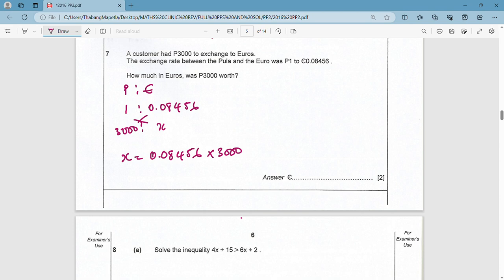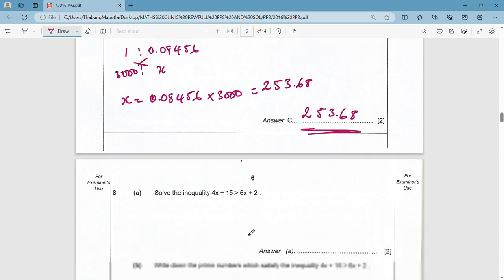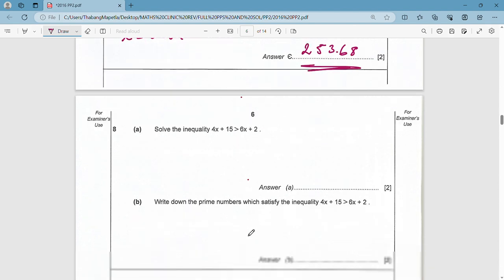That is going to be 253.68 euros. So that will be it, fellas. Done. Yeah, so just the ratio proportion.